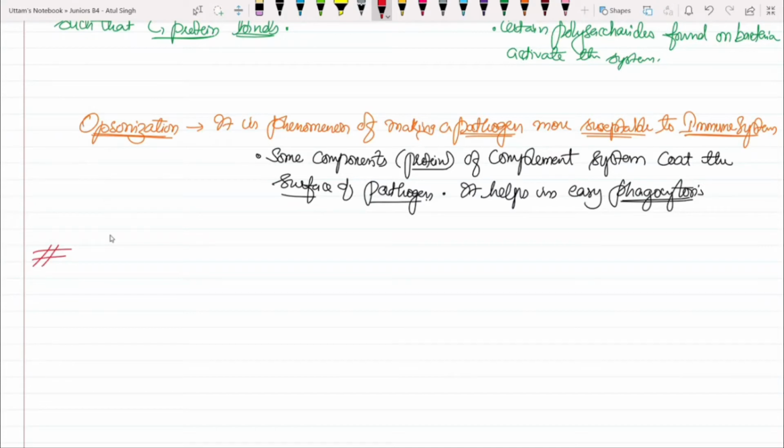If you remove one component from that, you get different things. If you remove all the cells, the remaining thing is plasma. In plasma, if you remove the clotting proteins also, then water along with certain albumin, immunoglobulin and all is nothing but the serum. Whatever is left over is serum.